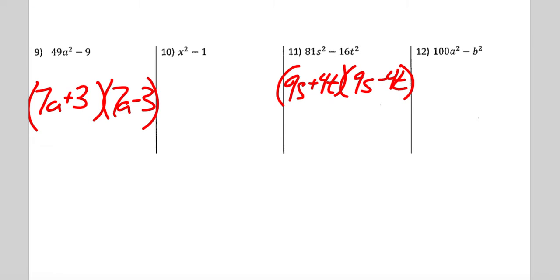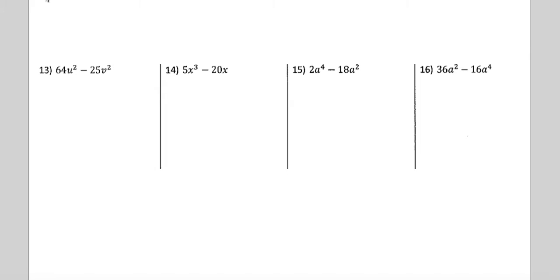Number 13. Square root of 64 is 8. Square root of u squared is u. Square root of 25v squared is 5v. There we are.